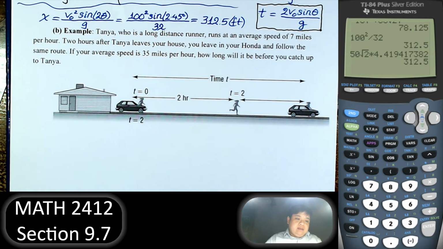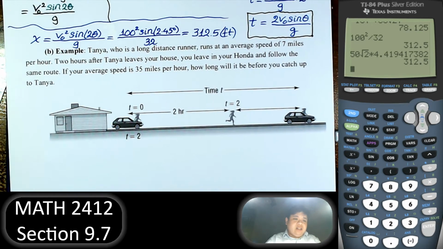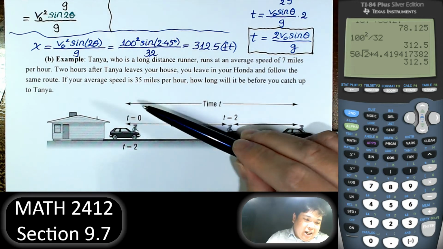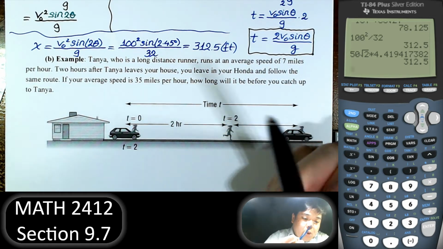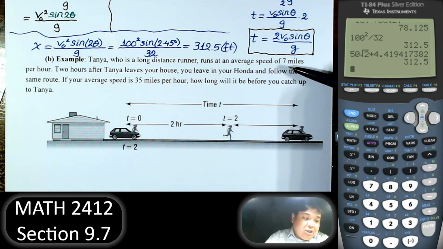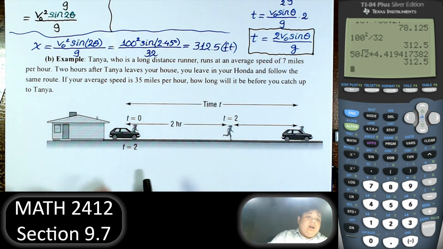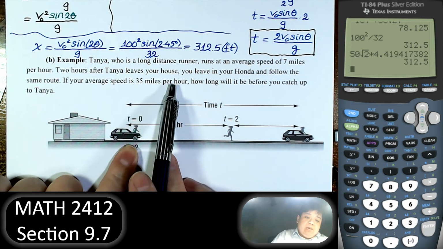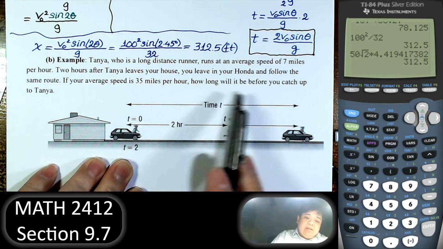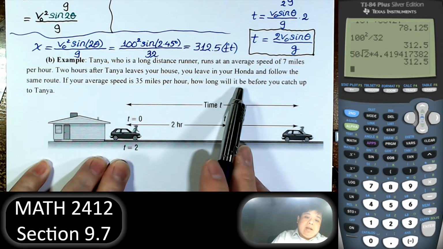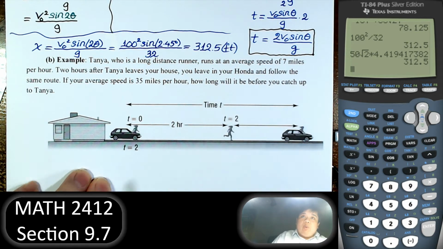Right, next. This is not a projectile motion, it's just motion in general. Tanya, who is a long distance runner, runs at 6 miles per hour, that's actually very fast for long distance running. Two hours later, you leave your house and drive at 35 miles per hour. How long will it be before you catch up?